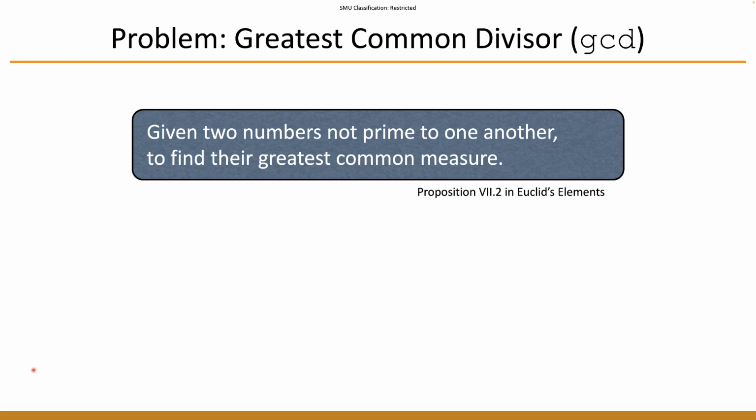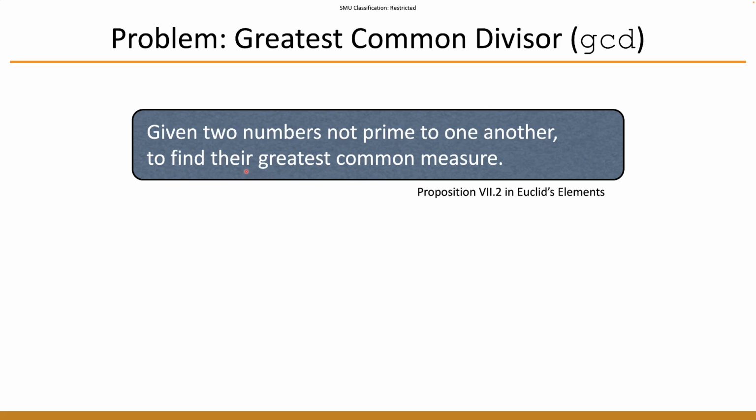So the determination of the greatest common divisor is actually related to this pursuit of prime numbers. So also quite ancient, right? You can see that this is also from the Greek times. So we want to find the greatest common divisor of two numbers, and the definition is actually over here.